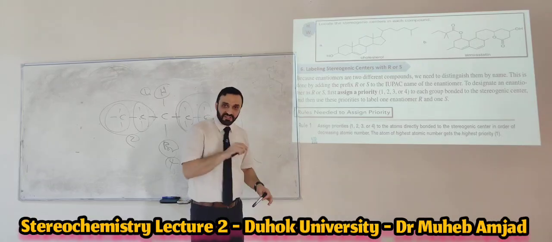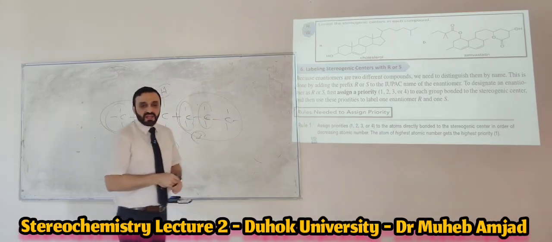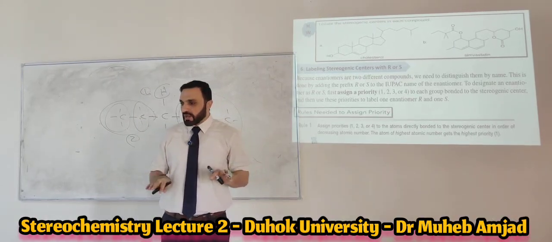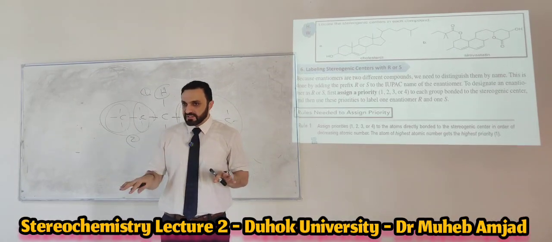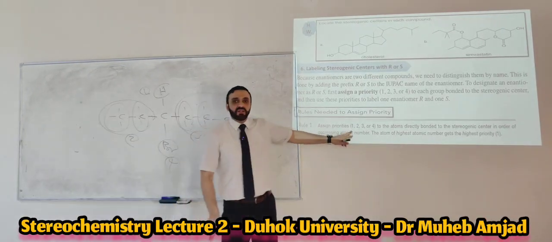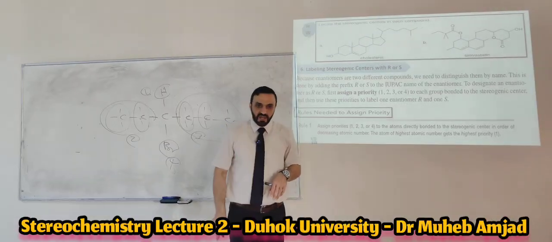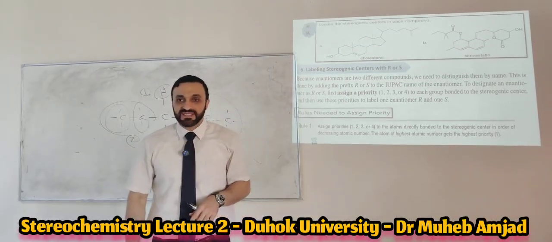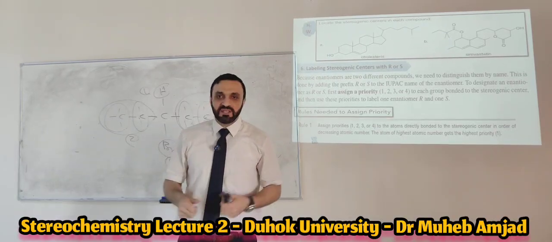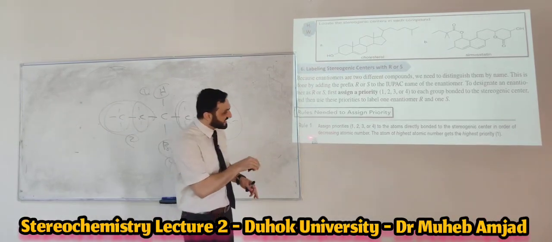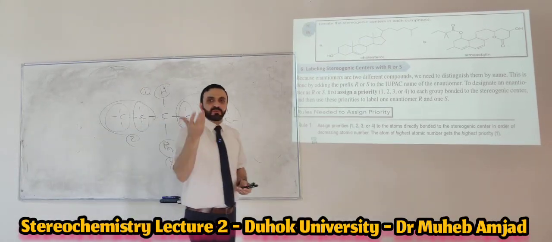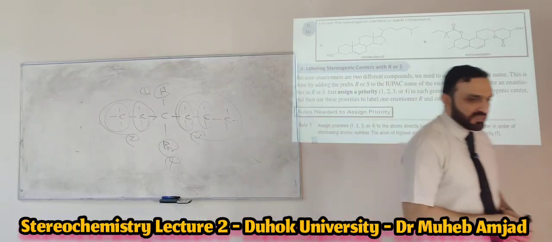Okay? Not increasing. That means if you have, for example, hydrogen or oxygen, which has the lower atomic number? Hydrogen. And the oxygen is the highest one. So which will be number 1, which number 2? No. Yes, the opposite. Okay? The oxygen will be number 1 and the hydrogen will be lower. I say to you, decreasing atomic number, not increasing. The highest atomic number will be the first one.